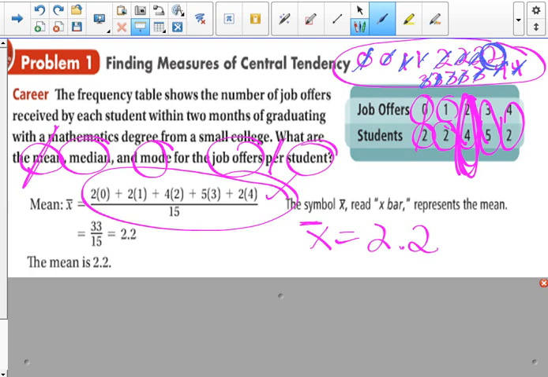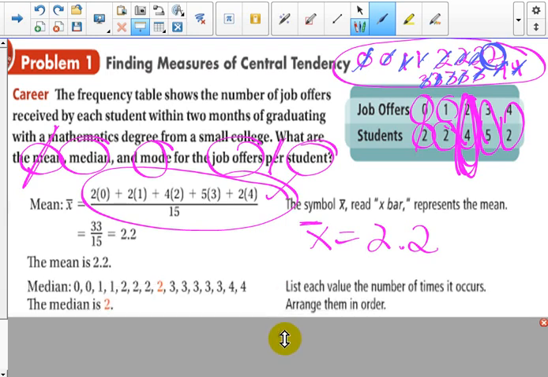It's easier when it's in a straight line because you can just go boom, boom, boom, boom, boom with your fingers. Right? So it looks like our median is just 2. Oh, and they had it in order right there. So you'll see me do this. I'll mark them out like this.